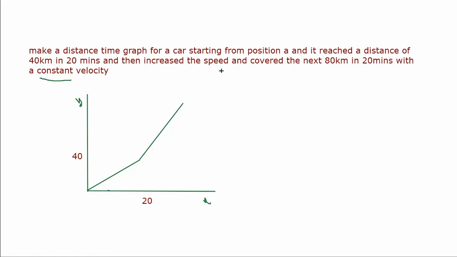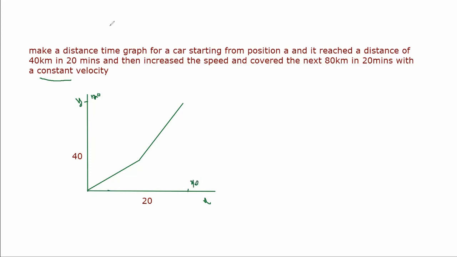It covered 80 kilometers in the next 20 minutes. So 80 plus 40 would be 120. So a total of 120 kilometers would be covered. And it covered the next 80 again in 20 minutes. So the total time would be 40 minutes.